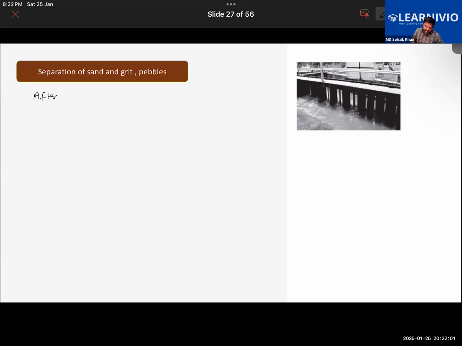Further, as I was saying, after passing through the bar screens, the water goes to the grit and sand removal tank.